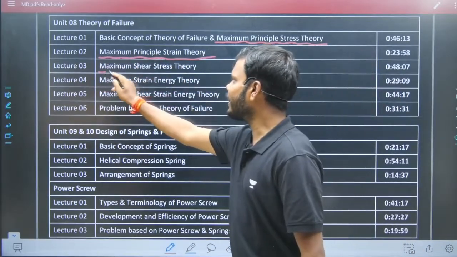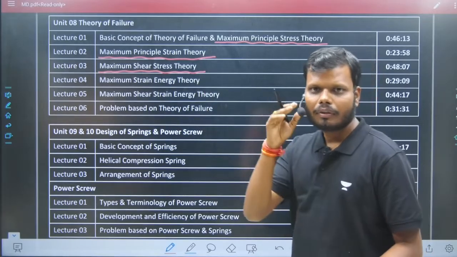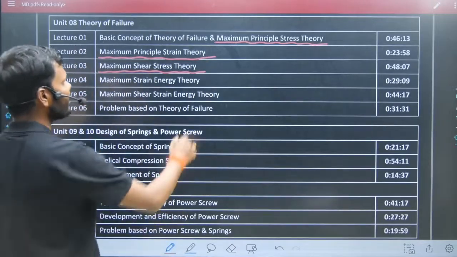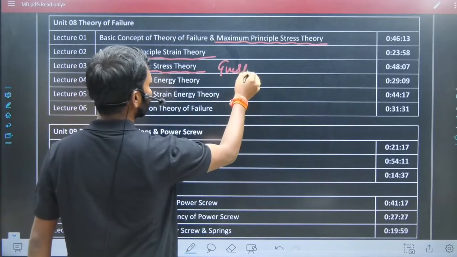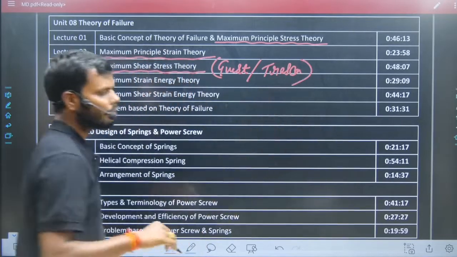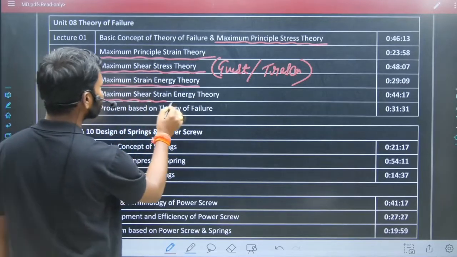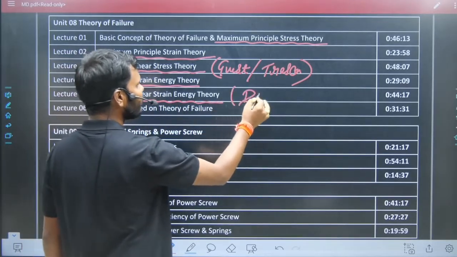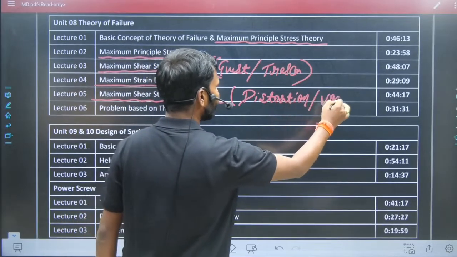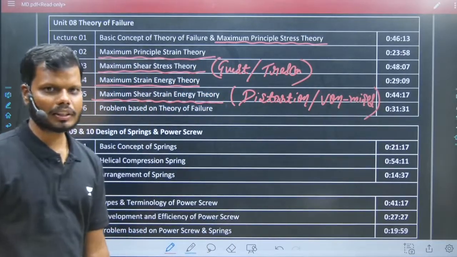Third one is maximum shear stress theory, that is Guest or Tresca theory. Next one is maximum strain energy theory, and last one is maximum shear strain energy theory, that is nothing but distortion energy or von Mises theory.